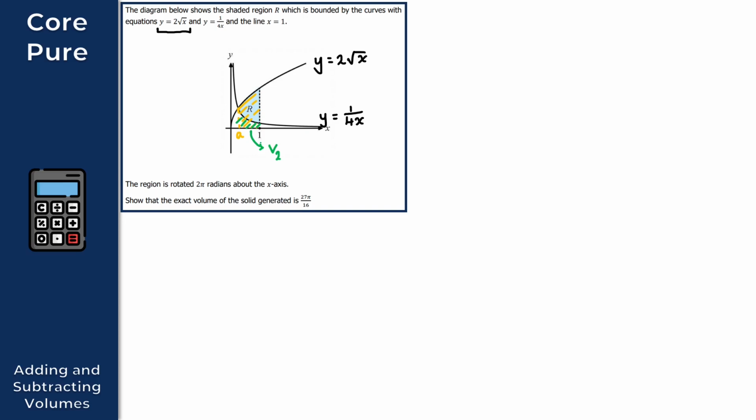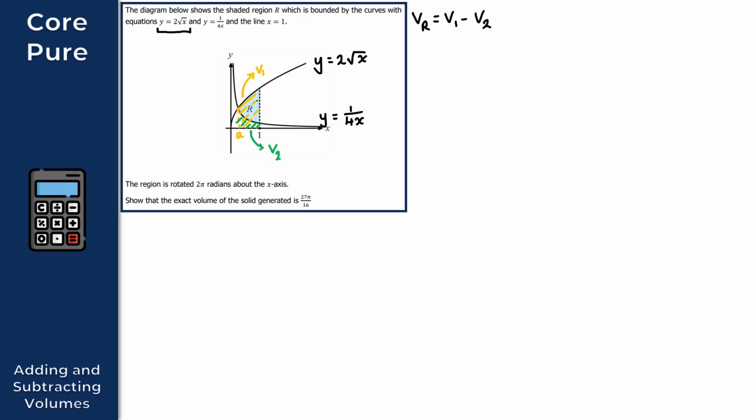And then the full volume, let's call that V1. And in that case, the volume of the shaded region R, we'll call that V subscript R. That is equal to V1 minus V2. If we do this difference, that just leaves me with the volume of the shaded region R.